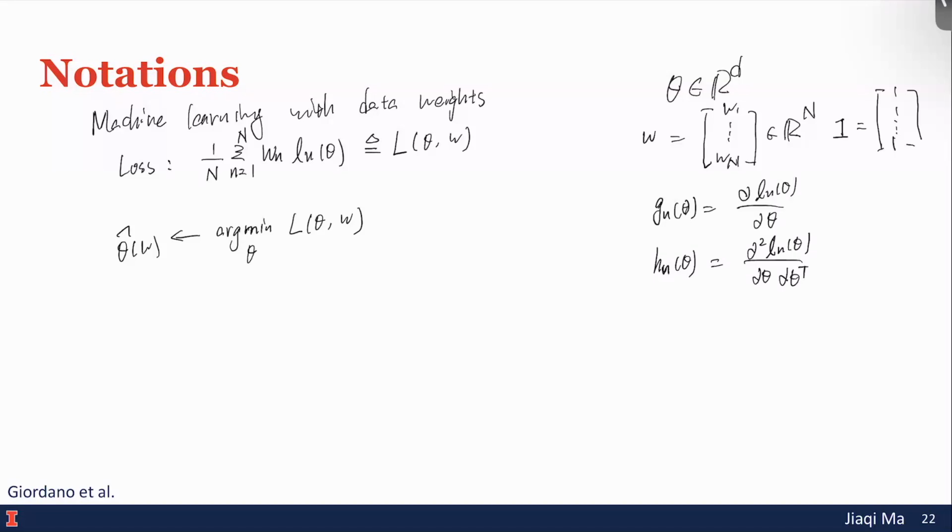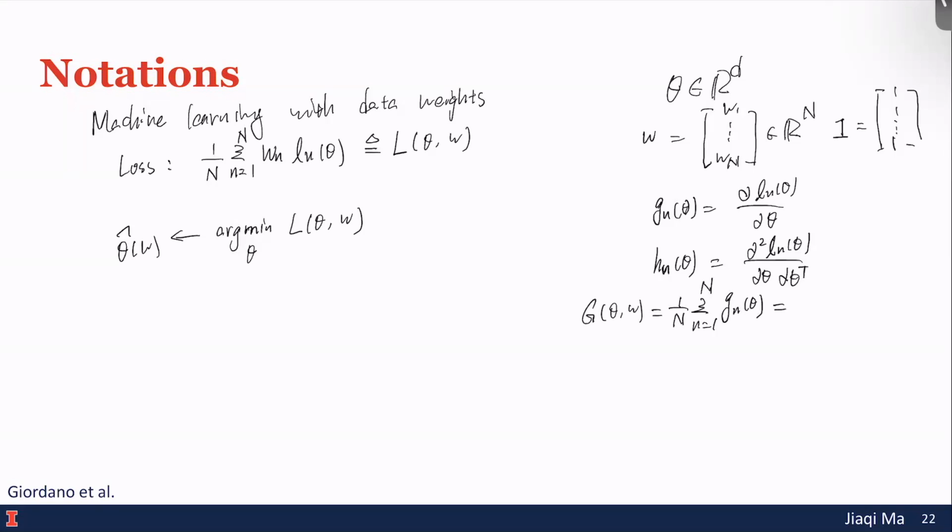Furthermore, we can denote capital G(theta, w) as the average over all the individual gradients g_n(theta), with the weights w_n.